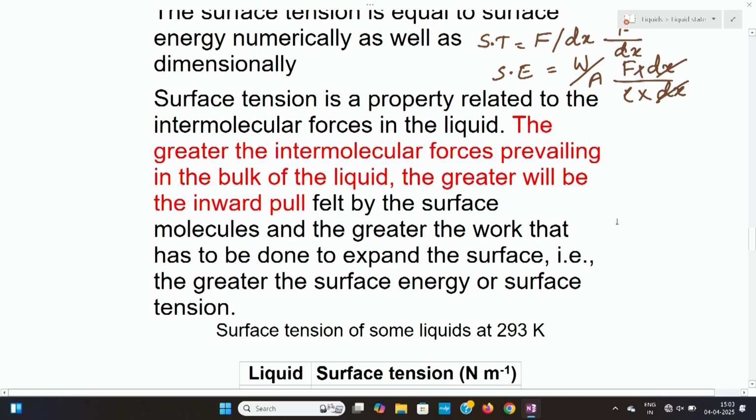If the molecule at the surface is having high interior pull from the bulk of the liquid, then the surface tension will be maximum.